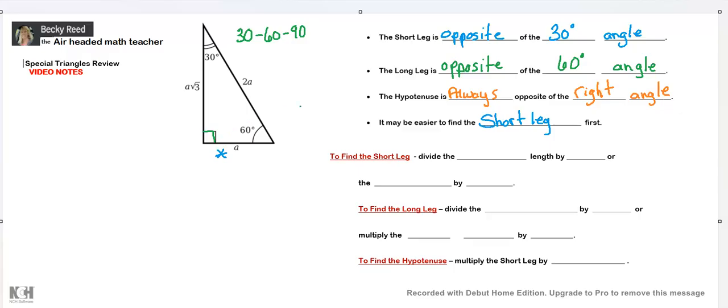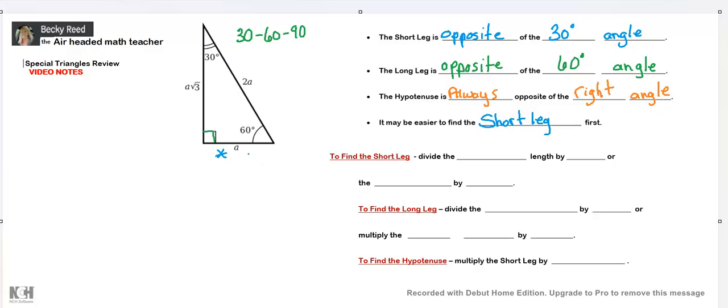Because these two angles are different sizes, you've got a short leg and a longer leg. They're not the same anymore. The short leg is a pretty special one because the other two sides are based off of it.